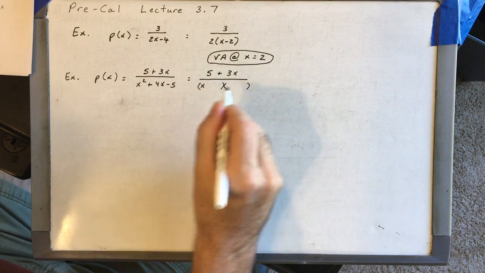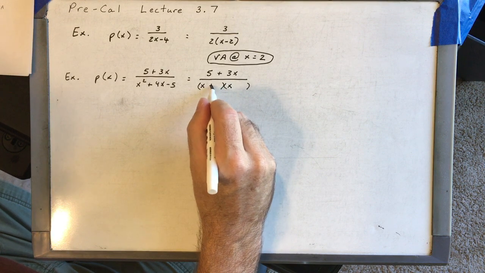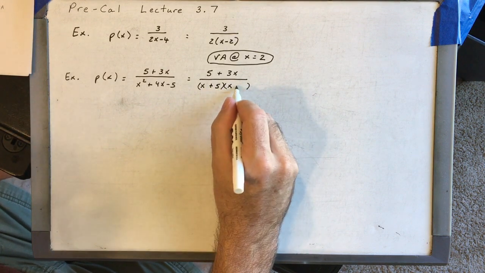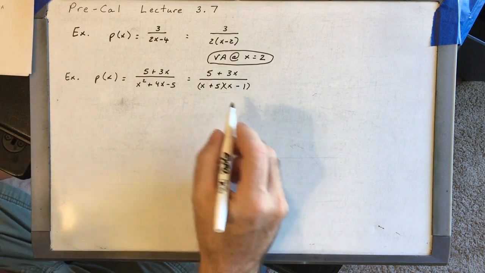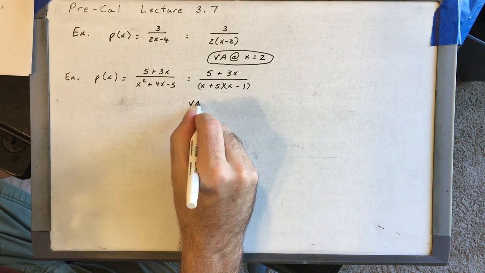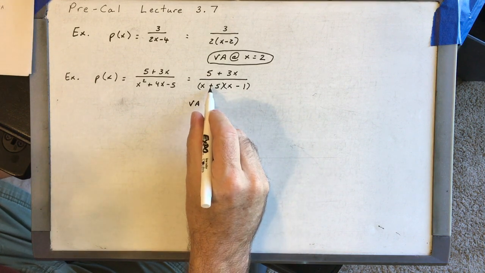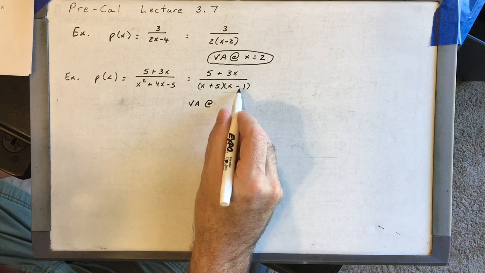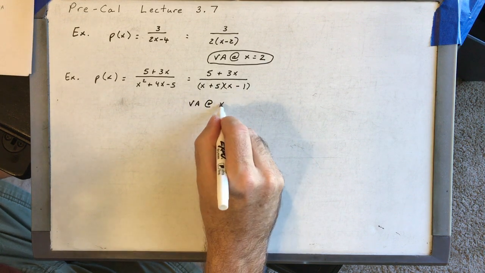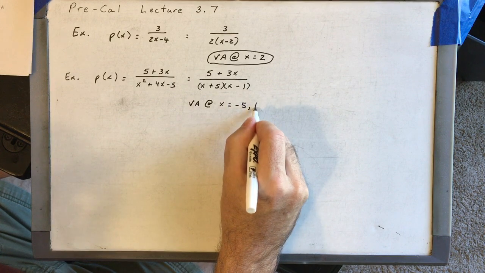So we have x plus 5 and x minus 1. That'd give us a positive 4x in the middle. So we have vertical asymptotes at what two values of x would make the denominator 0? At x equals negative 5 and also at positive 1.